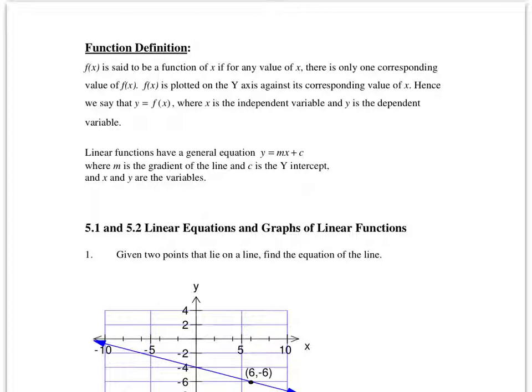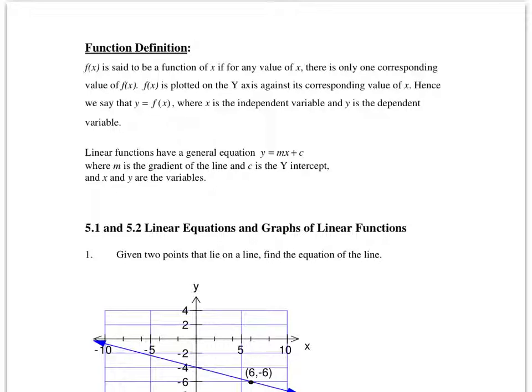So now we're going to have a look at the function definition. f of x is said to be a function of x if for any value of x there is only one corresponding value of f of x, or if you like, only one corresponding value of y, which is then plotted on the y-axis against its corresponding value of x.